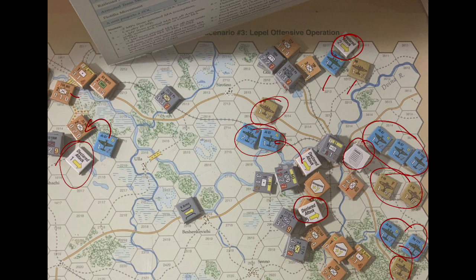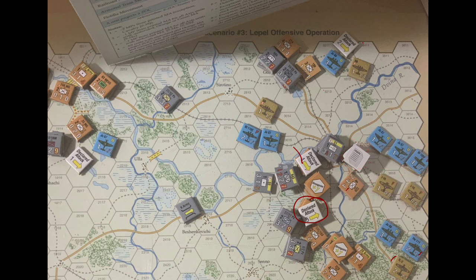Now, the first thing one has to check is whether there are firing units, those which have an F on the upper right corner of the counter. Here we have, for instance, 1, and here we have 2 Soviet ones, and here there is the last one, on the right, an Axis firing unit.